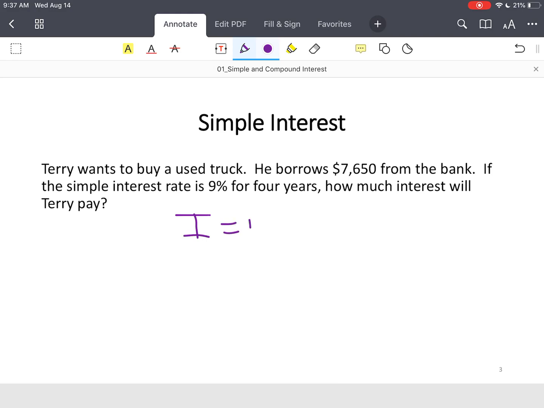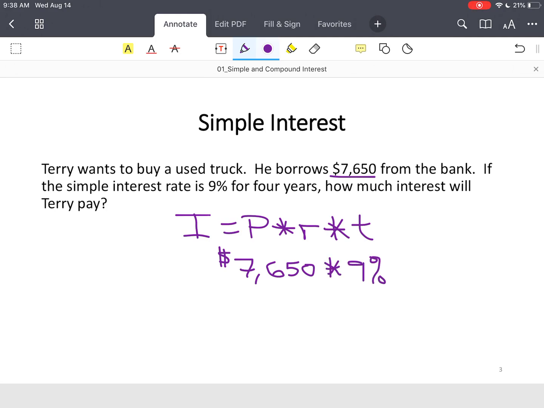I equals P times R times time. You can identify your parts. The principal amount, $7,650. The interest rate is 9%.